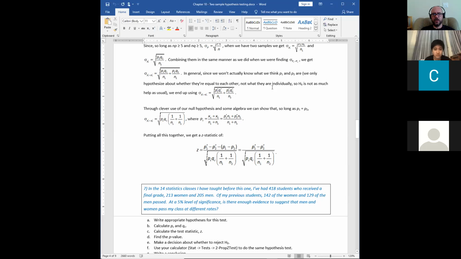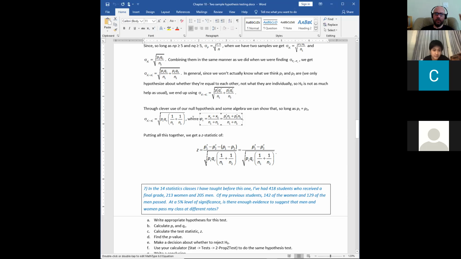Remember that our null hypothesis is going to be that P1 and P2 are equal. The 2 proportions are equal to each other. And if you do a little bit of fancy math, you can show that the sampling distribution of the sample differences of proportions has a standard deviation of this, where it uses the combined proportion, which is just total number of successes out of total number of samples, for both samples combined.